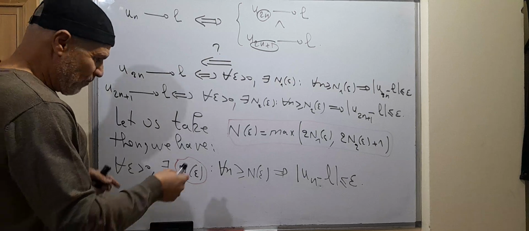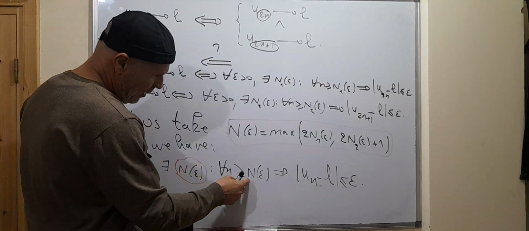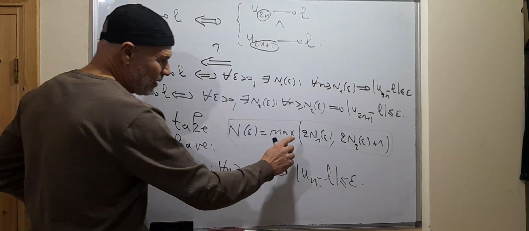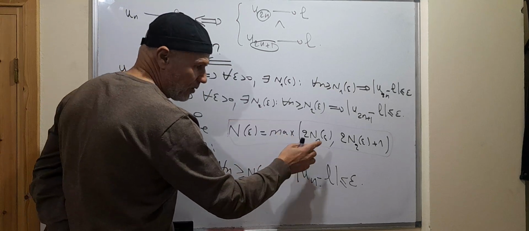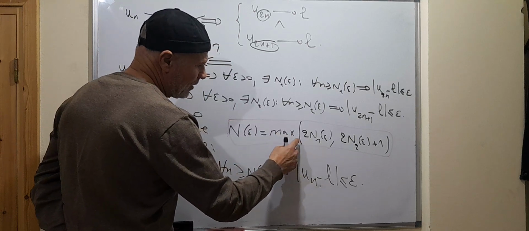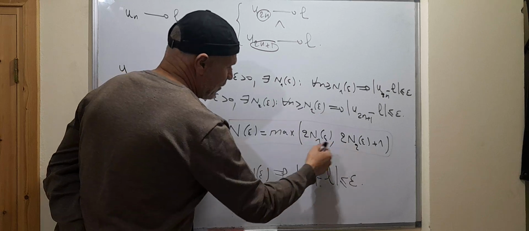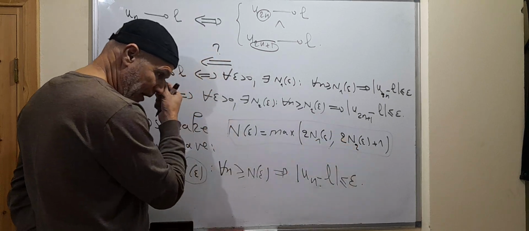Why? Because when n is greater than N(epsilon), this means that n is greater than or equal to the maximum between both ranks.